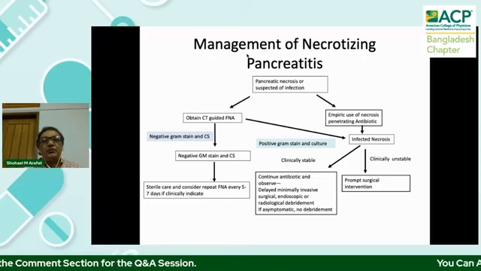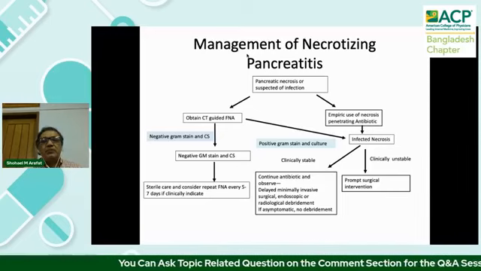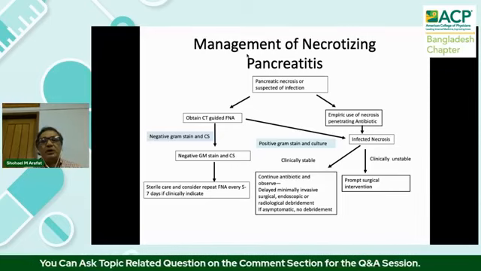But if the patient develops necrotizing pancreatitis, what to do? This is a simple flow chart, if you can give it close attention.